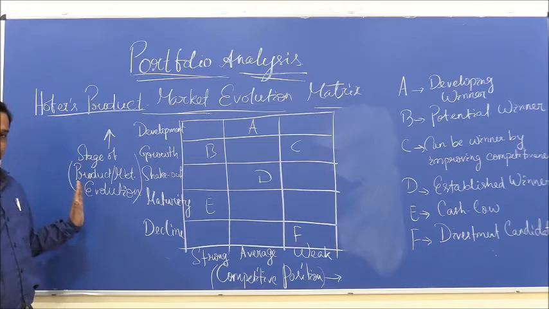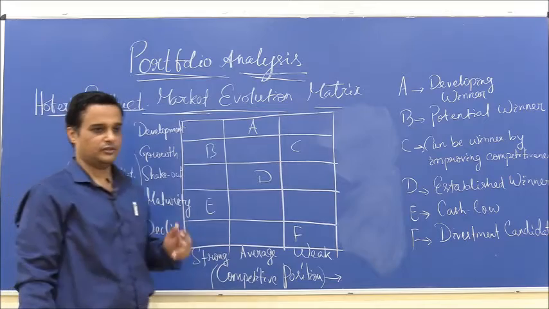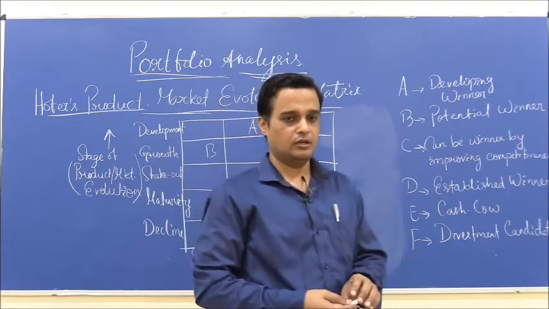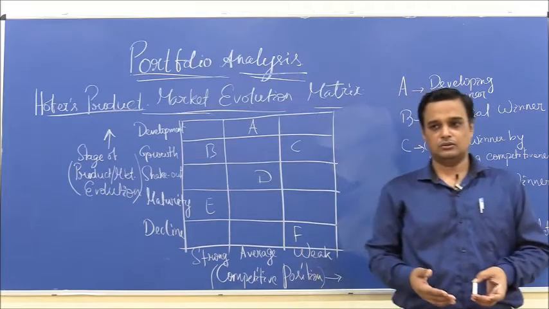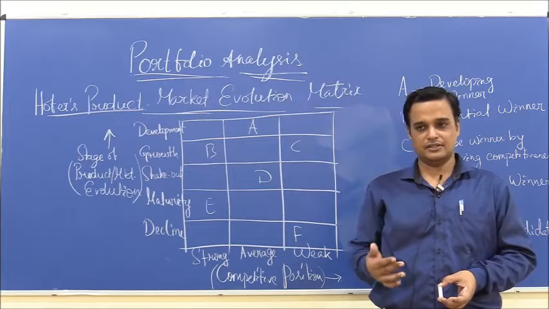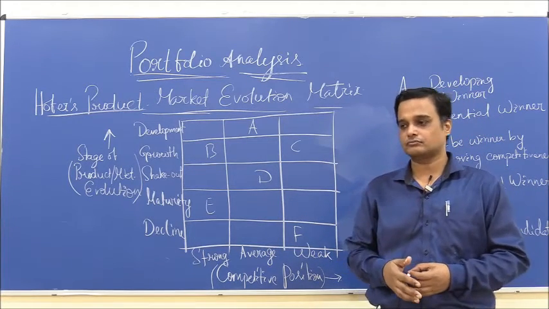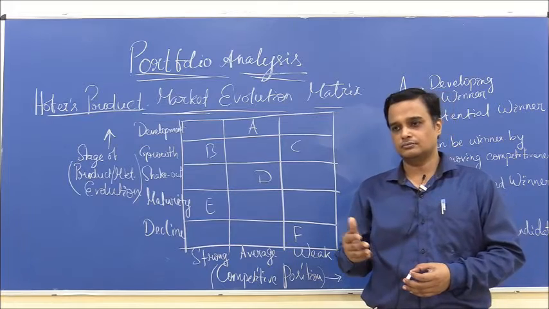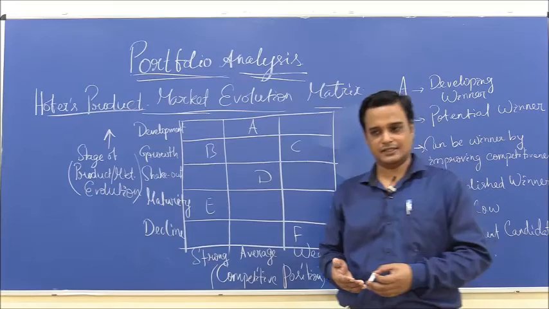What is market evolution stage, or what are the different stages of product or market evolution? Product life cycle is a pretty well known tool to understand how the progress of the product has been, and what are the various life cycle phases of this product. The most popular phases being the introduction, growth, maturity and decline.